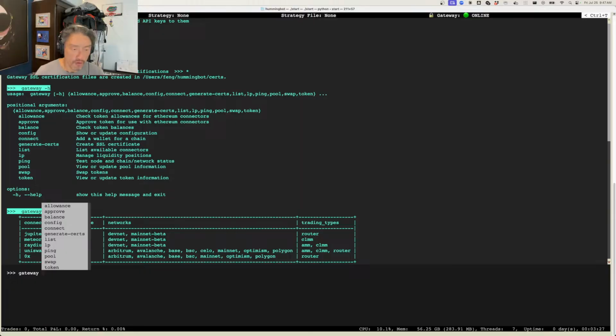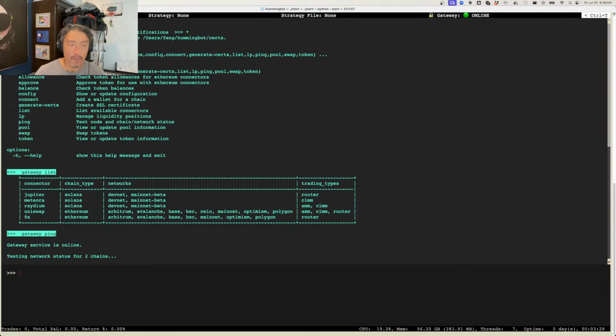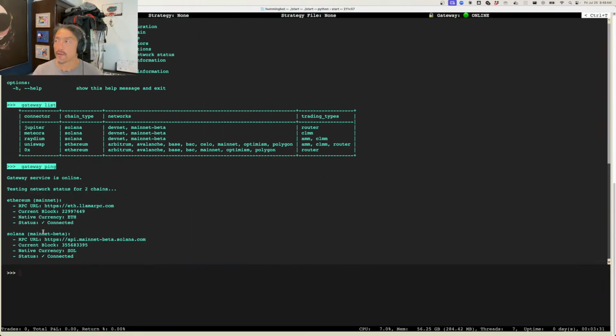We can also do gateway ping. Gateway ping shows you the status of your networks. Right off the bat, we can see that we're using the default public nodes for both Solana and Ethereum. We have a concept of a default network and a default wallet.